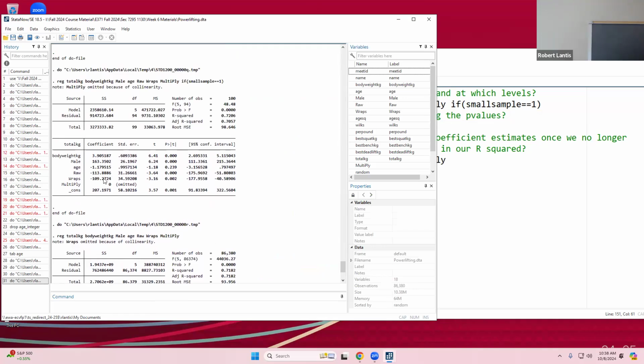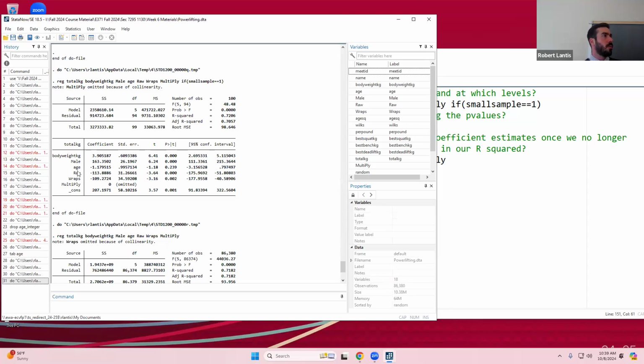The type of question I might ask is, relative to a meet that allows RAPS, how much more or less predicted weight lifted would it be if it's a multiply meet? The coefficient on RAPS tells you that relative to the multiply meet, the predicted total weight lifted is 109 kilograms less.